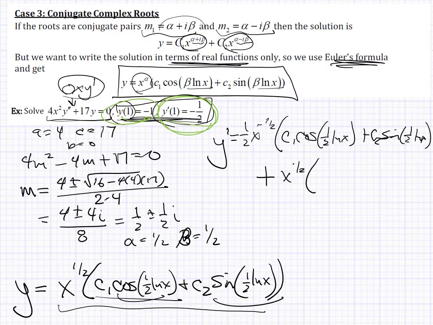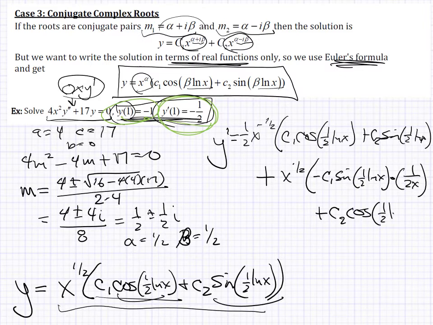So what would we have? We would have derivative of cosine is negative sine, so we'd have negative C1 sine of (1/2 log x) times the derivative of the 1/2 log x, which would just be 1 over 2x. Then the next piece, plus C2 cosine of (1/2 log x) times, again, 1 over 2x.